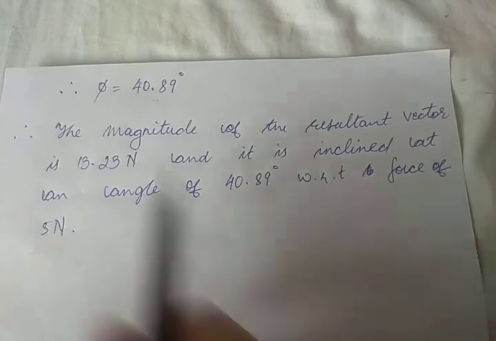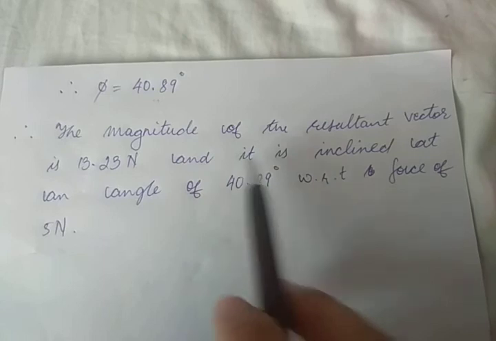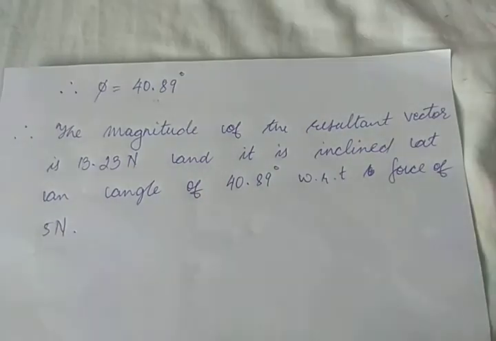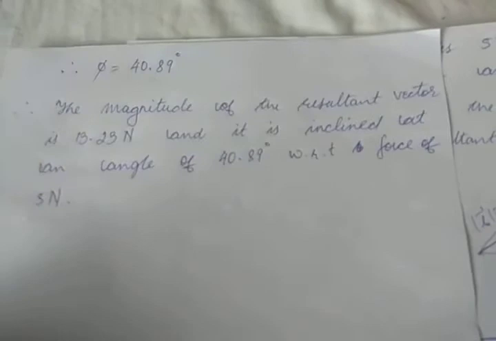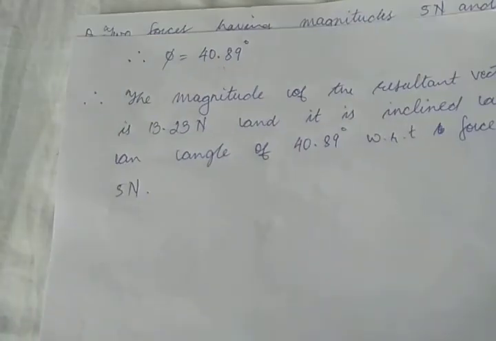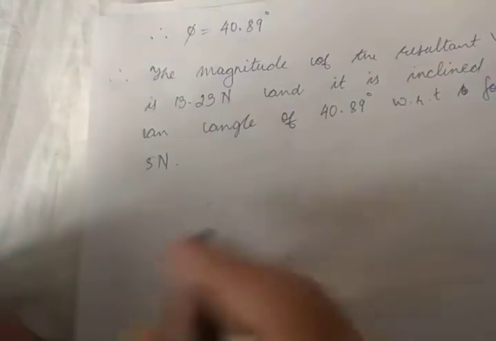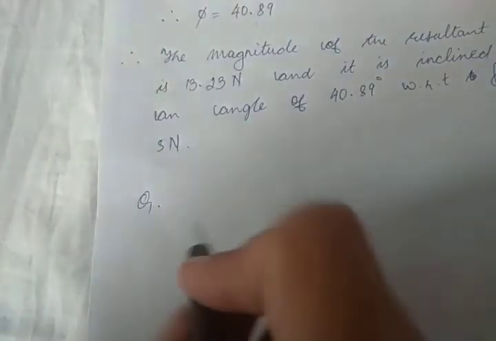This is how you conclude: the magnitude of the resultant vector is 13.23 newtons and it is inclined at an angle of 40.89 degrees with respect to the force of 5 newton, since the vectors we are talking about here are forces.